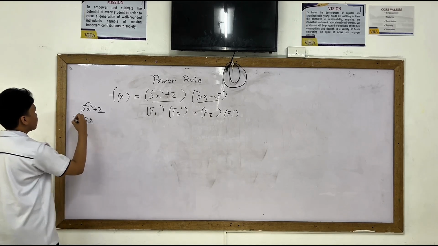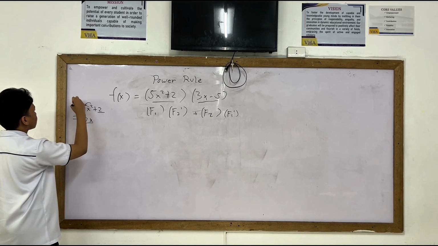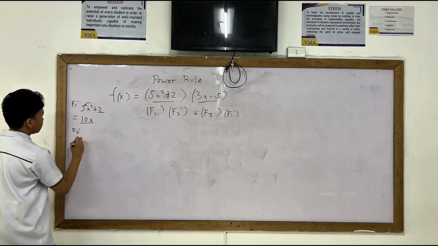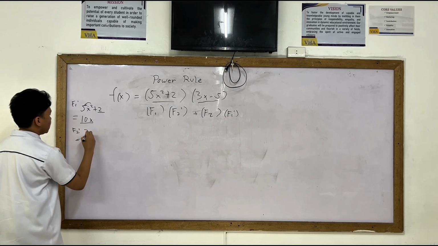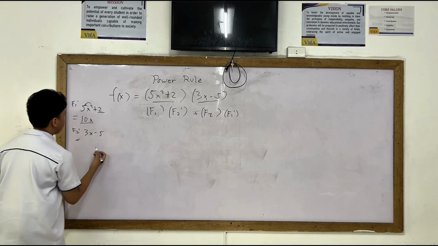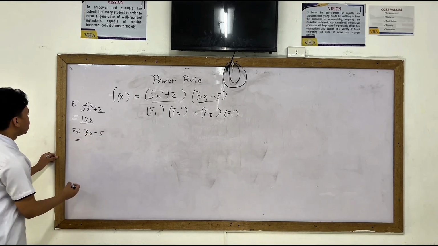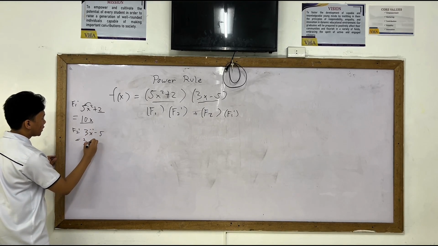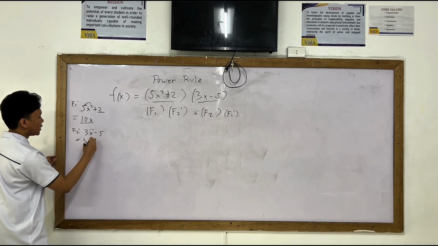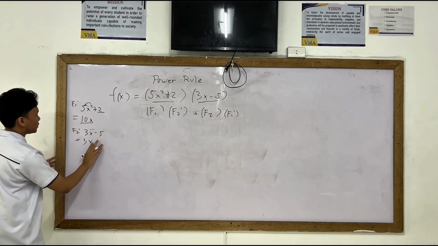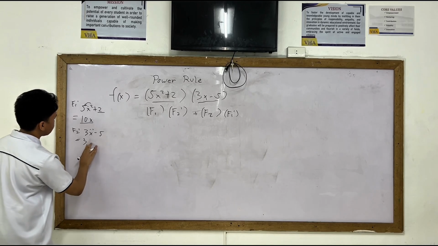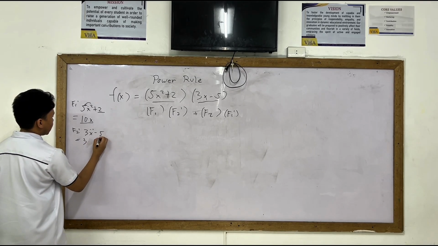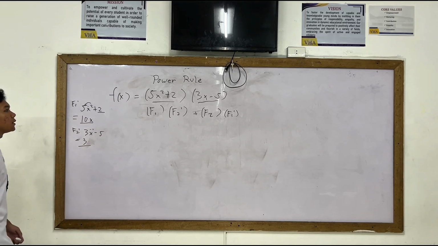And the second factor, we have 3x minus 5. There's an imaginary 1 here, so 3 times 1 is just 3, and the constant is 0, so we only have 3.